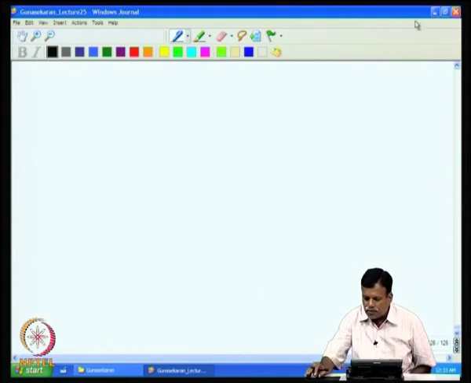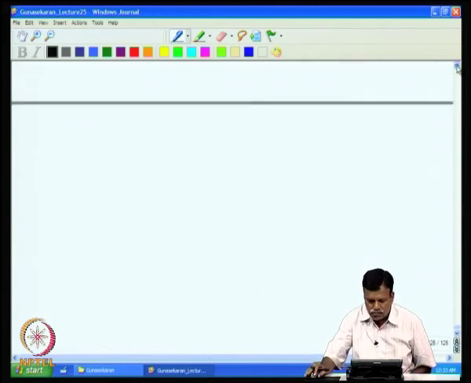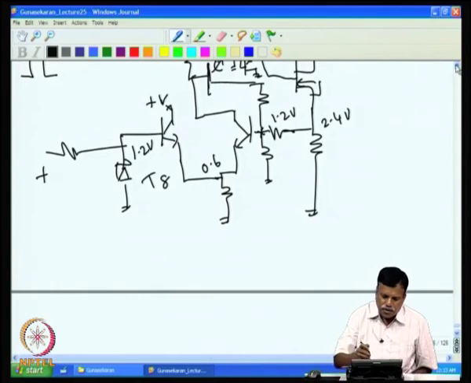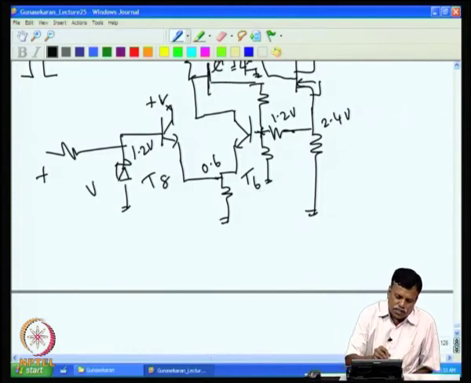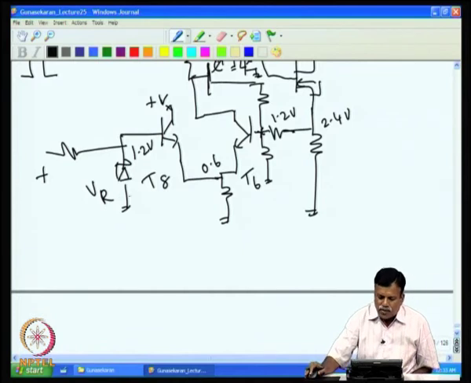So, this is T6. By adding T8 and the V reference voltage, we avoid the base-emitter voltage drift of T6.